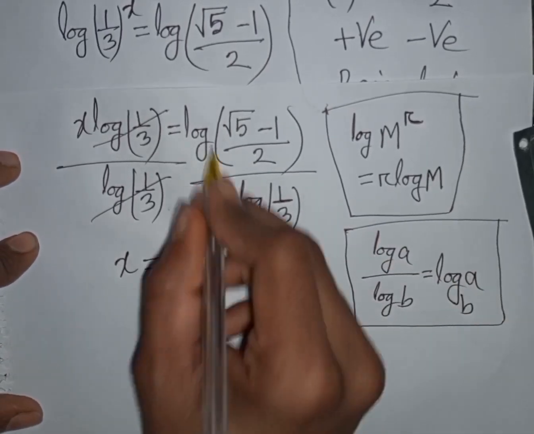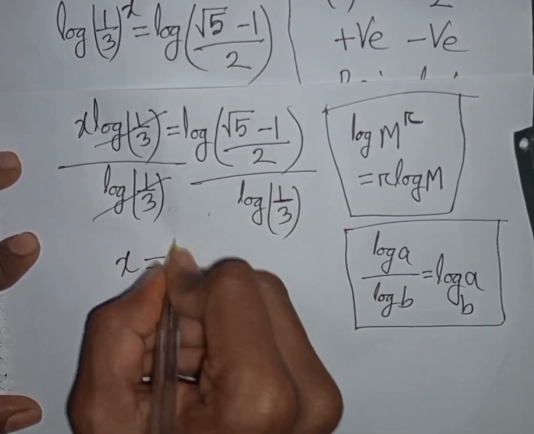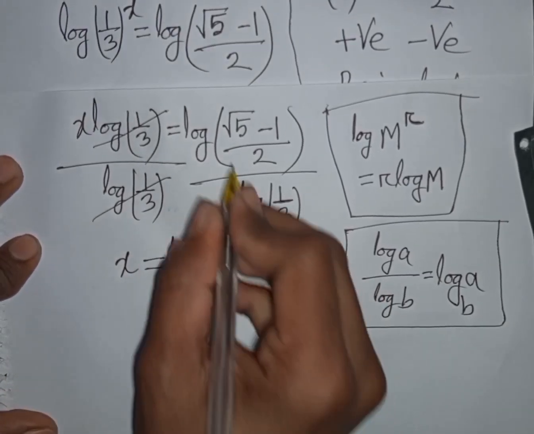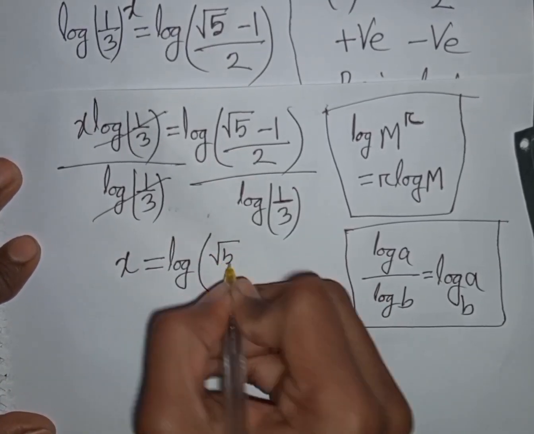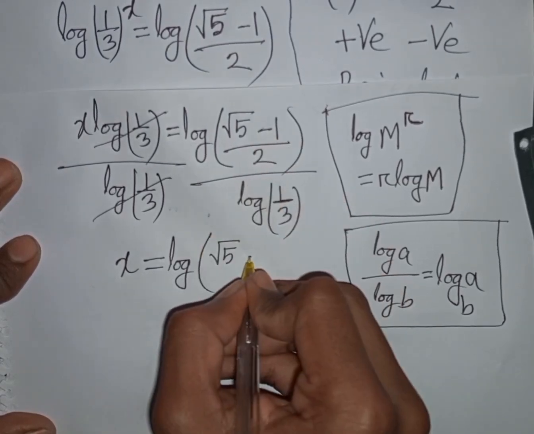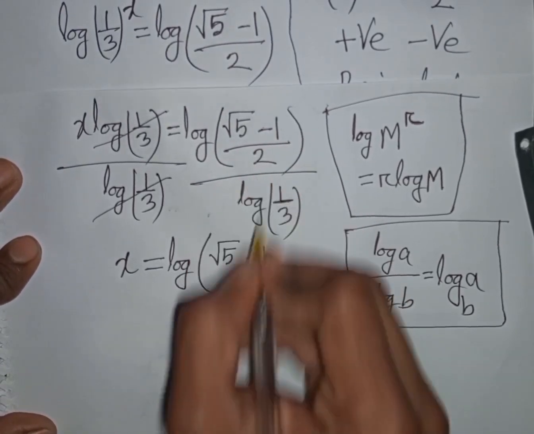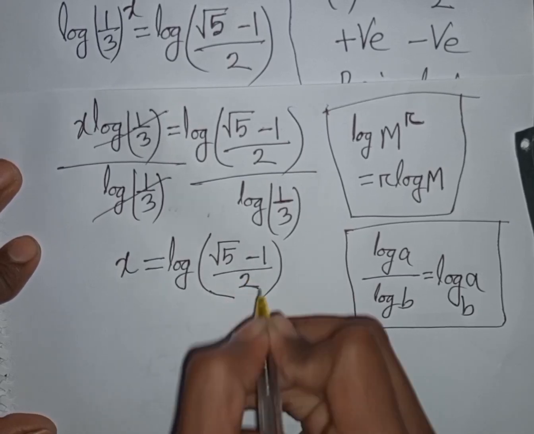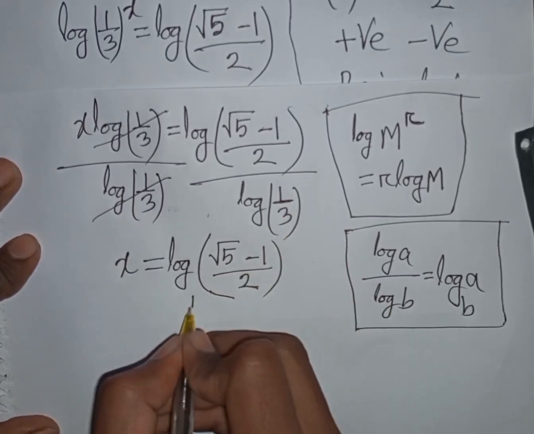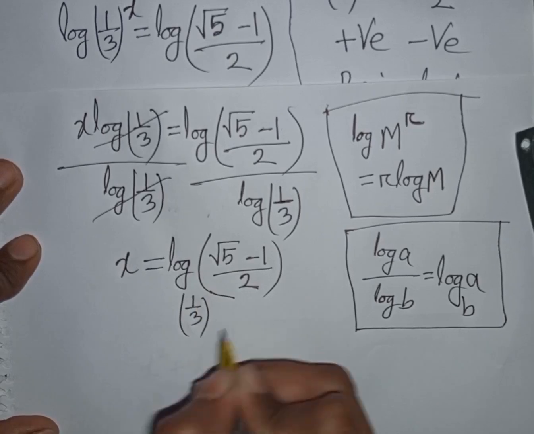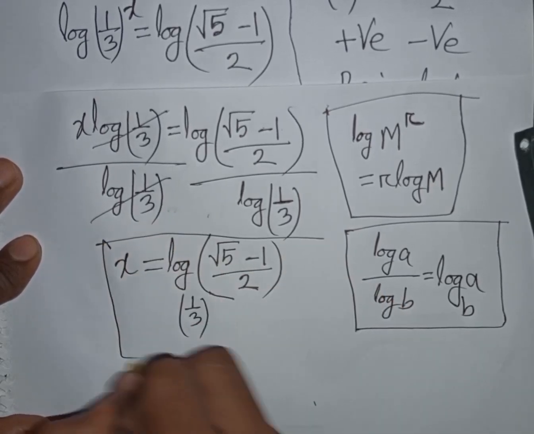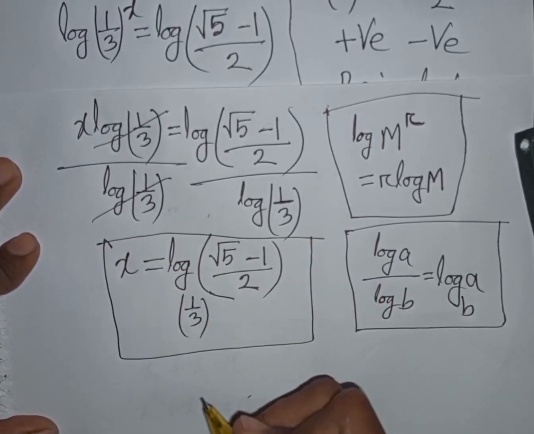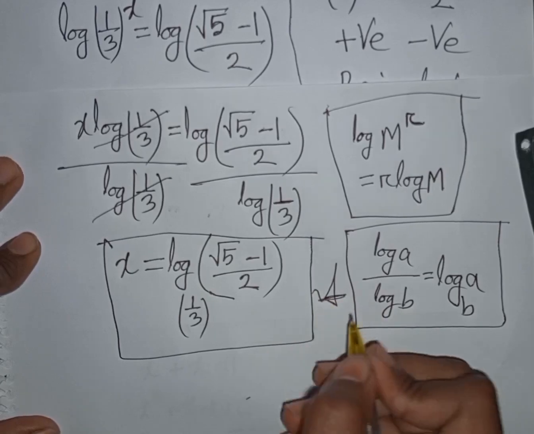So according to this formula, it will be log of (square root of 5 minus 1) over 2, with base 1 by 3. So this is the value of x. So this is our final answer.